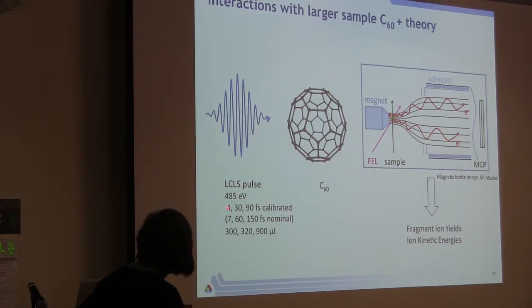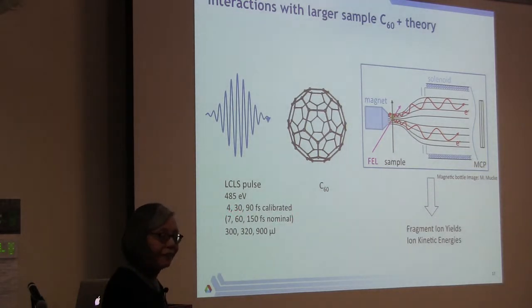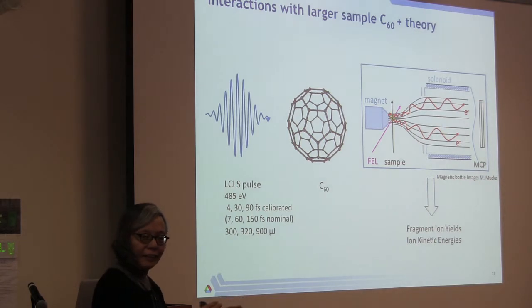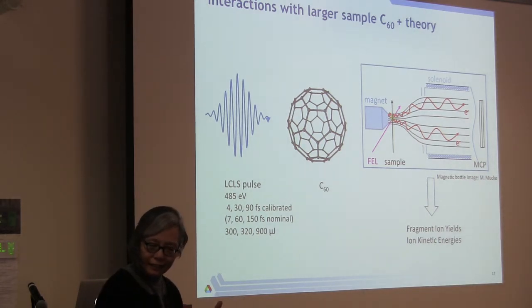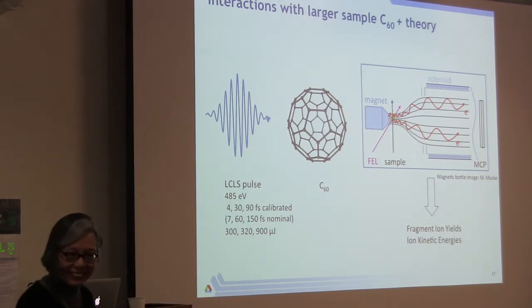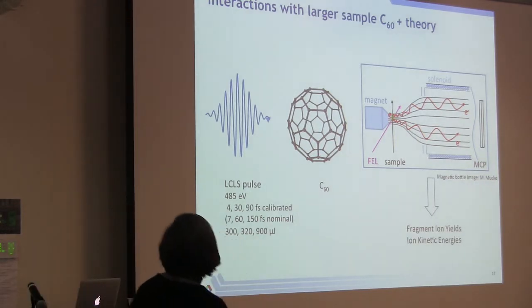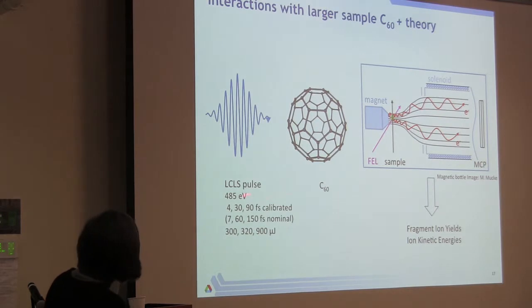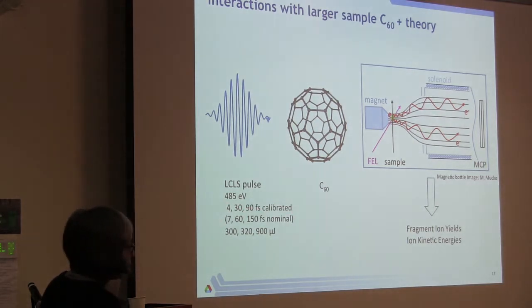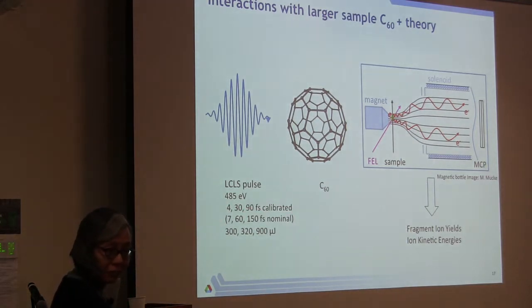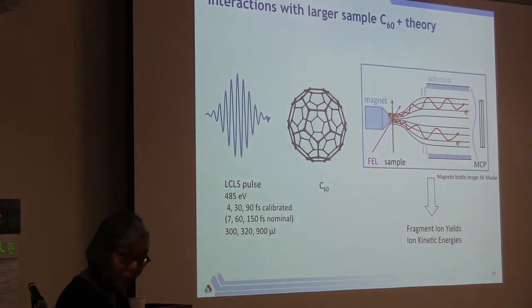They had a number of pulse durations that were nominal. This also goes to show that I think the metrology in the laser labs is a lot better than the metrology at the FELs at that point in time. Normally they tell you, oh, this is your pulse duration, but in fact you had to calibrate it to figure out what the pulse duration was by putting in an atomic gas.